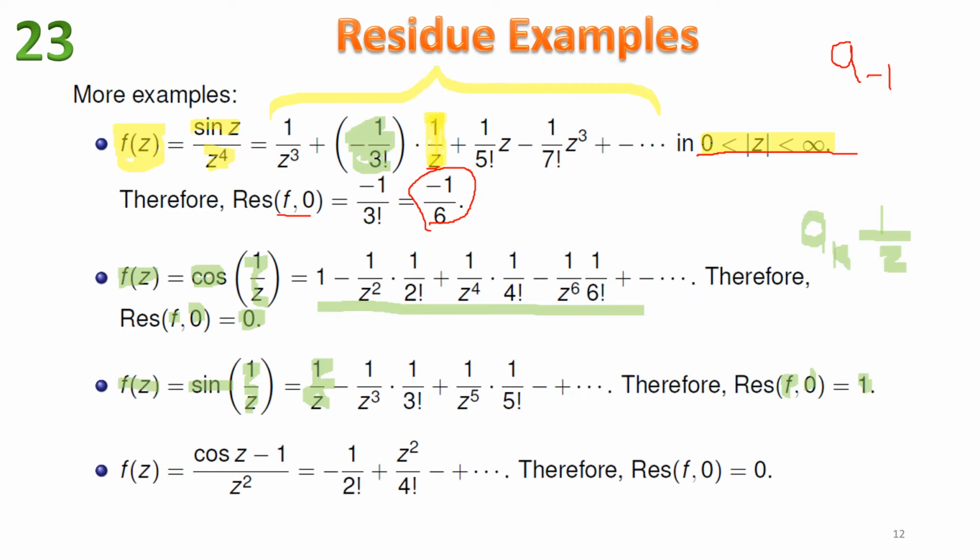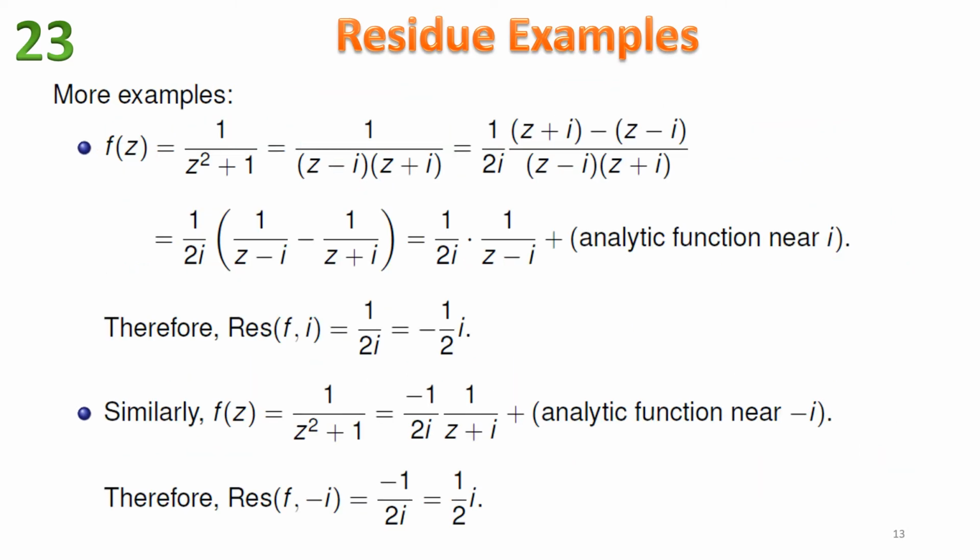In the similar fashion, we have discussed this problem quite at length in the earlier video. f of z is equal to cos of z minus 1 divided by z square, and here you can make out that the term corresponding to 1 upon z, I'm interested in 1 upon z, and the coefficient of that is a minus 1, and that is disappearing in this series. Therefore, the coefficient must be 0. So residue of f at 0 is 0.